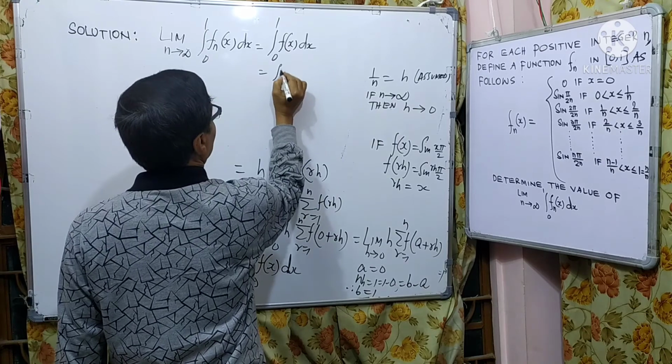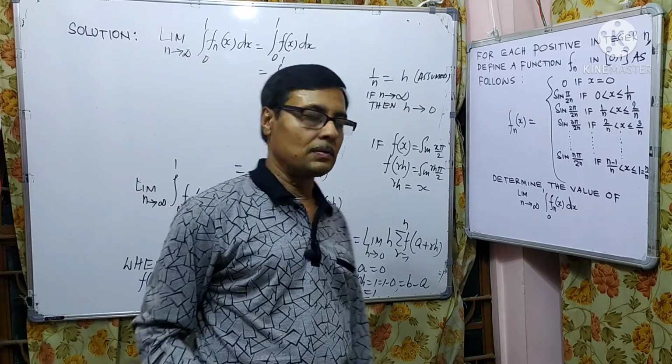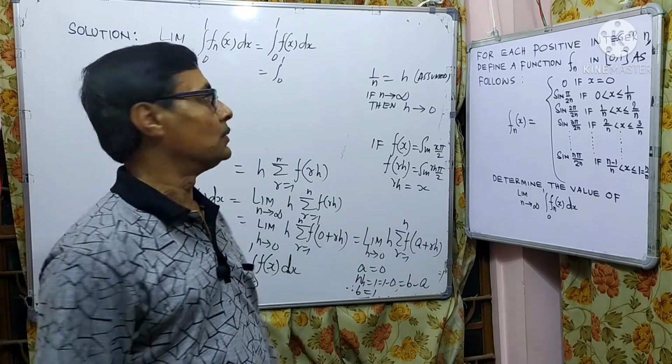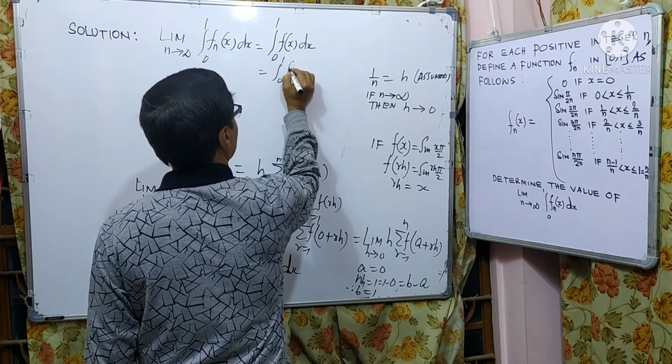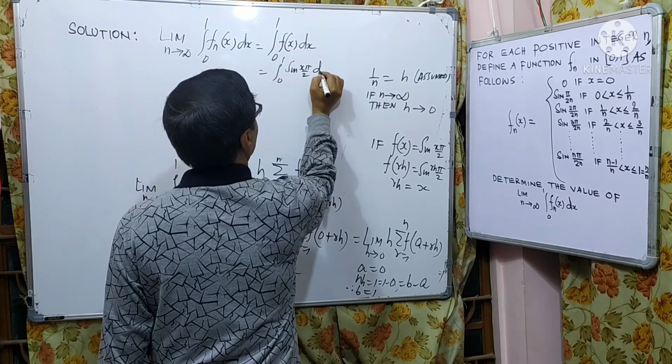Here fx is defined as sin x pi over 2. So we can put the value of fx, which is sin x pi over 2 dx.